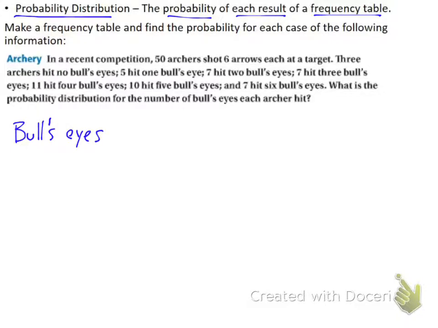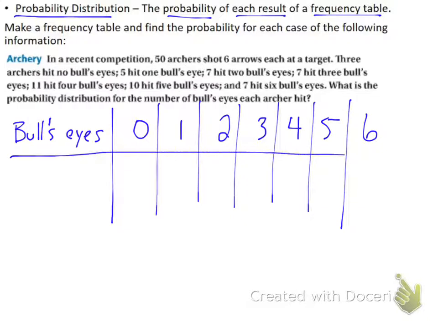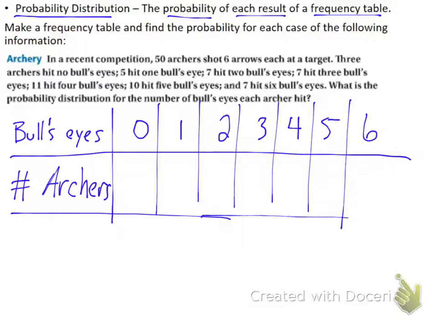So we have the number of bullseyes, which goes 0, 1, 2, 3, 4, 5, and 6, and then the number of archers that hit each of those. The last line of my table is going to be the probability, or the frequency.